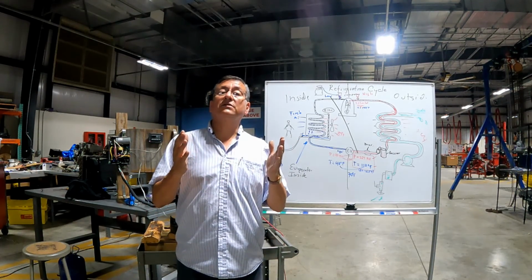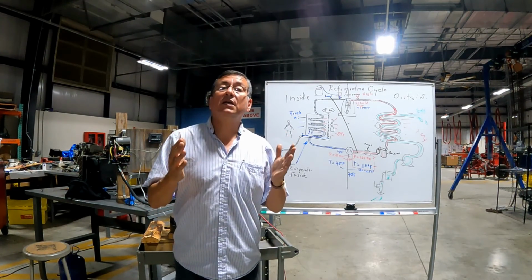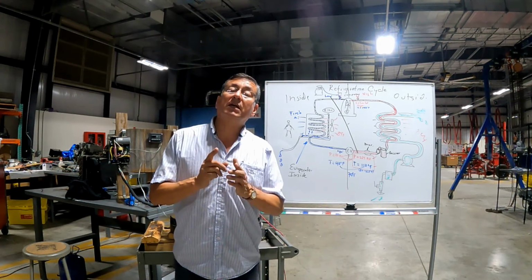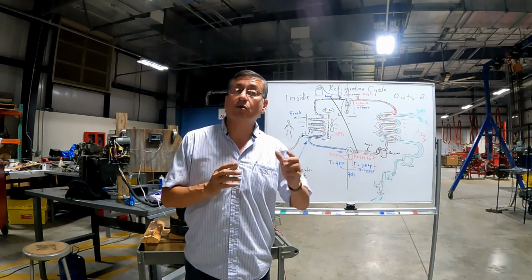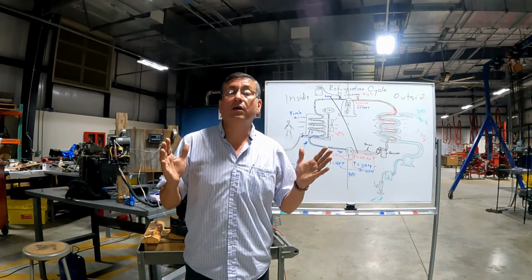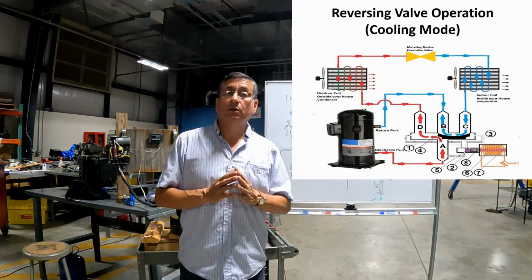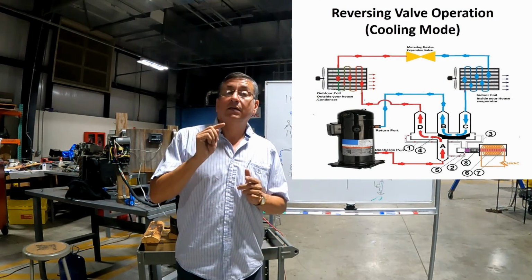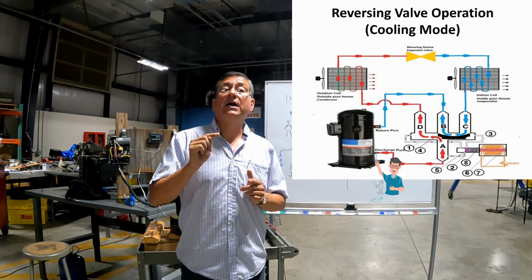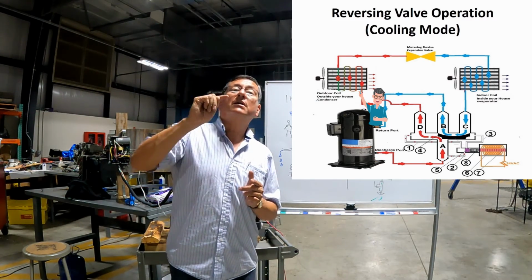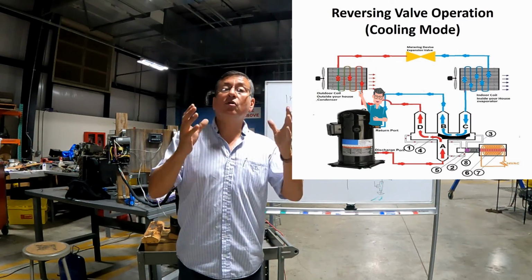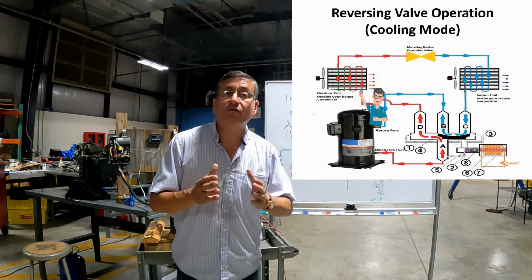The question is whether the refrigerant is entering the outside coil or the inside coil. In normal conditions, in air conditioning equipment in cooling mode, the refrigerant going out of the compressor at high pressure and high temperature enters the outside coil, and in that coil the condensation of the refrigerant is produced.